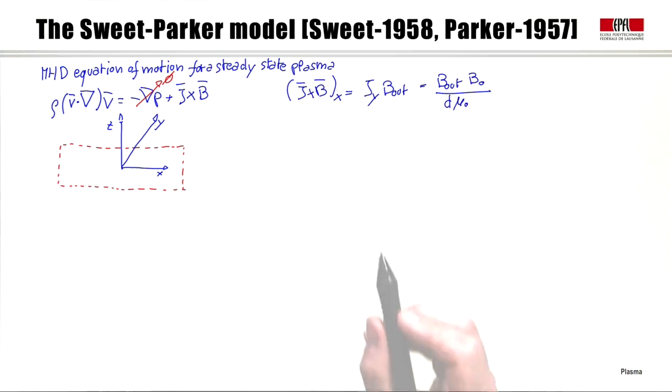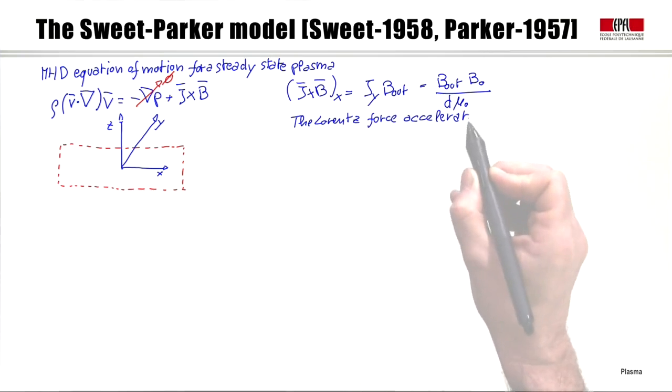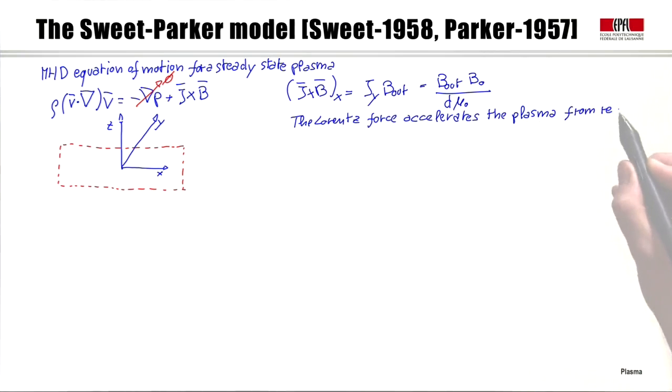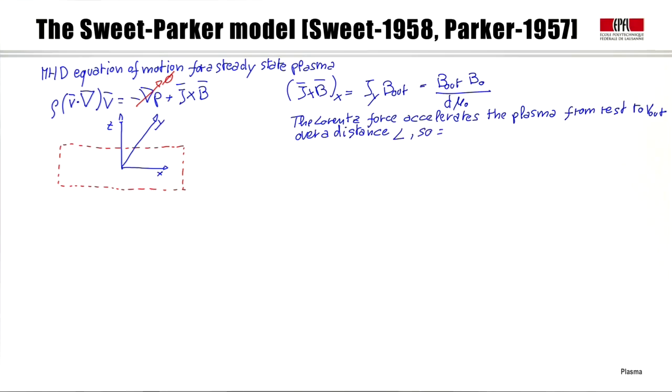The Lorentz force accelerates the plasma from rest to the outflow velocity V out over a distance L, the length of the current sheet.